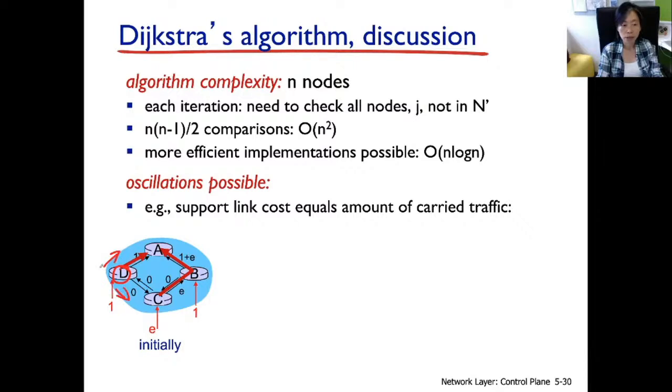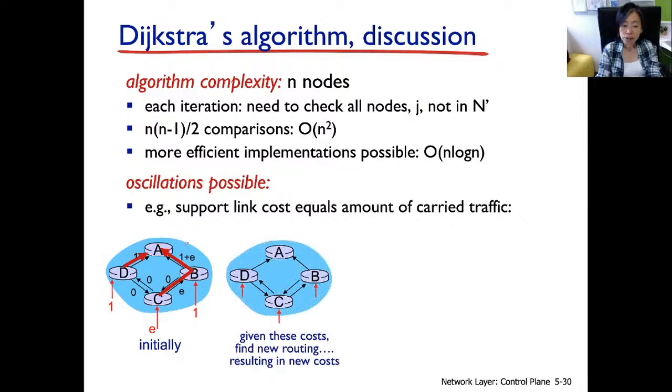This direction here, the cost is 1. This direction, 0 plus e plus 0 plus e plus 1, so altogether 1 plus 2e. So still this direction is better. So D is also going to take the clockwise path, the same path to A.